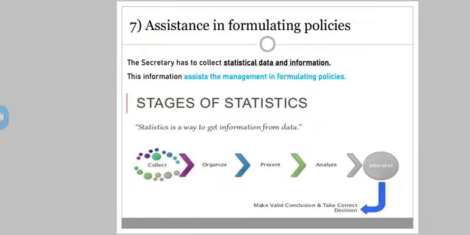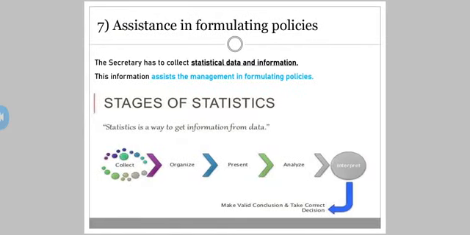Now moving further to the 7th point, assistance in formulating policies. The word assistance is derived from the word assist, which means to help. Now coming to the point, the secretary has to collect statistical data and information.